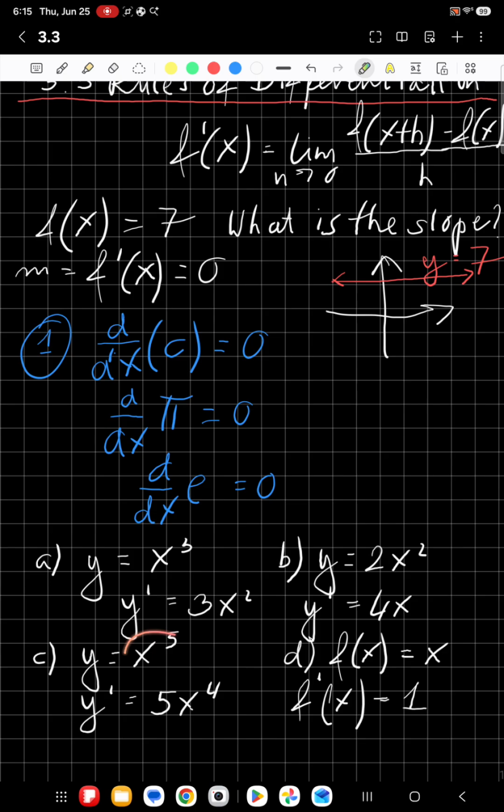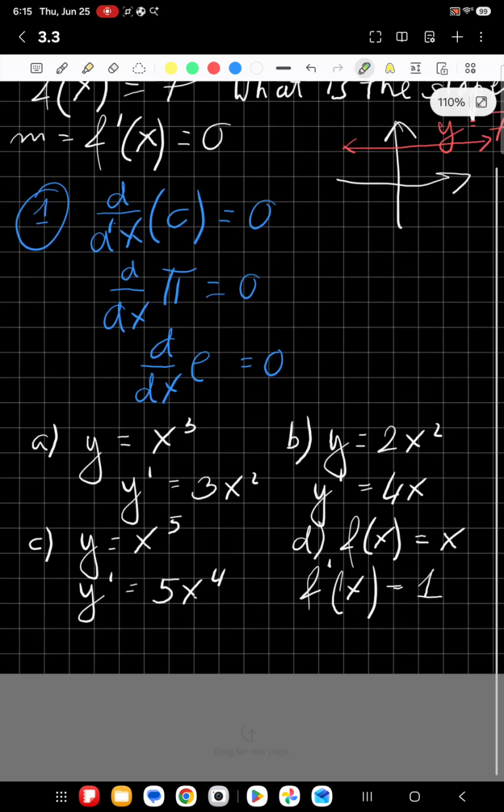That 5 went to the front, and I subtracted 1 from the exponent. Here 2 went to the front, became 4, and the exponent became 1. And the same here: 1 goes to the front, and then x to the 0 power is 1, so just 1.